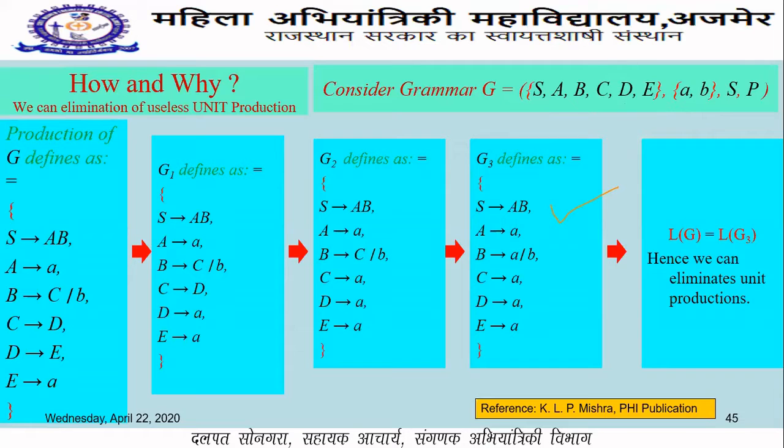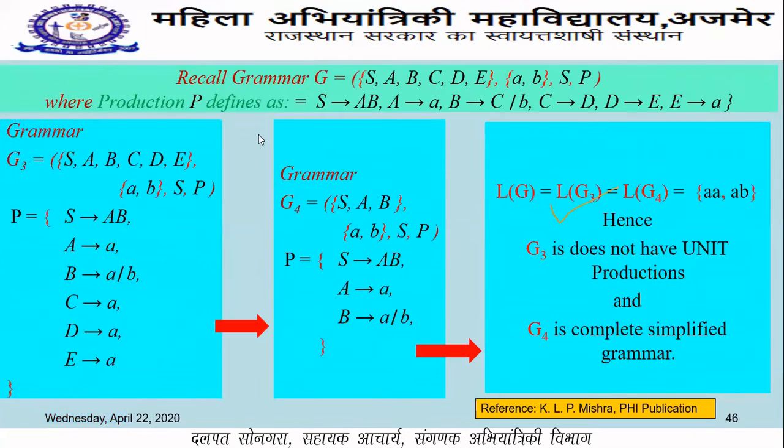Here we discuss one more thing, because this is not a final simplified grammar. Looking at the next slide, this grammar G3 has three redundant or useless productions, because they do not appear in any course of derivation and are not in any sentential form.